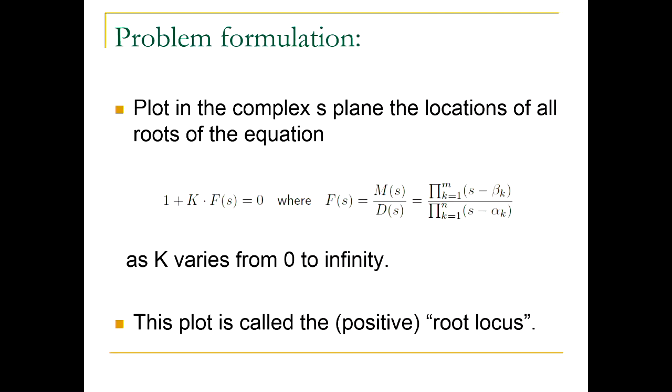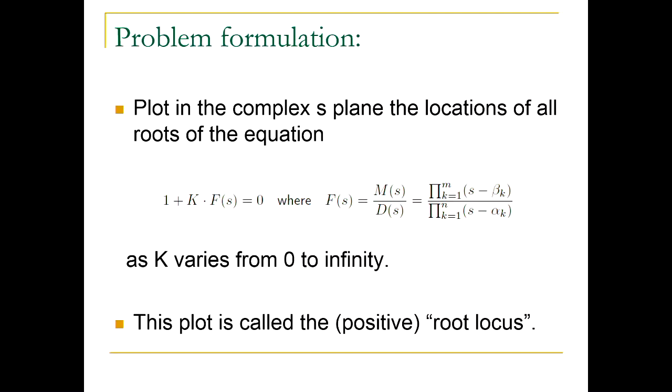So you may ask, well, why 0 to infinity? Well, we already have a negative feedback. There are some good reasons for it. It's not needed. You can plot everything for negative k, but then that's called a negative root locus. So we will assume in everything we do that we're just plotting positive root locus where k is positive.